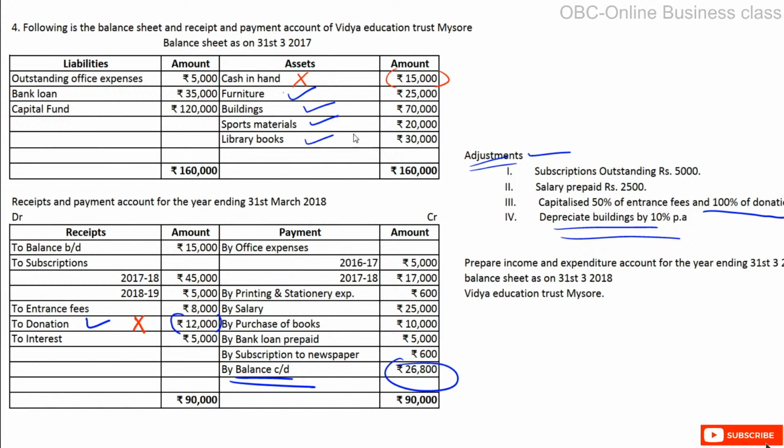They purchased books for the library worth 30,000 in the last year. Check whether in this year they purchased any library books. I think they purchased books. Yes, they purchased books. Here you can look, 10,000 rupees purchase of books. This 10,000 rupees plus the old 30,000 will be added. Before that, check whether there is any adjustment regarding the books. No, there is no adjustment, nothing.